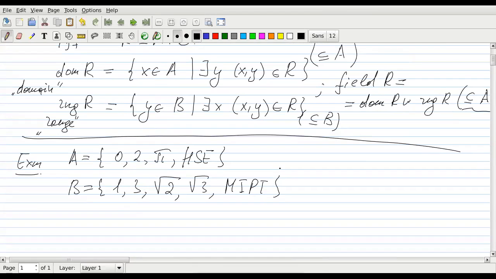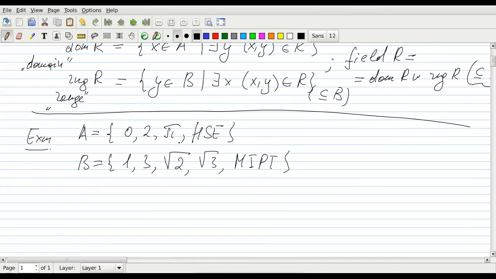Yeah, sure. Okay. So let's consider these two sets. Here we suppose, of course, that HSE and MIPT are some sets, but in general it doesn't matter.